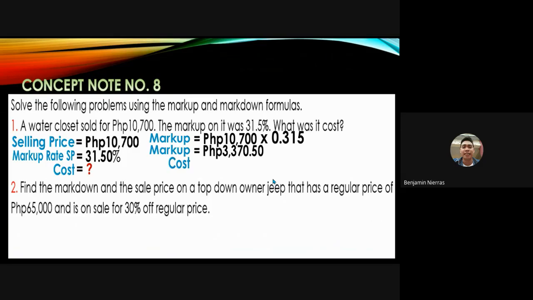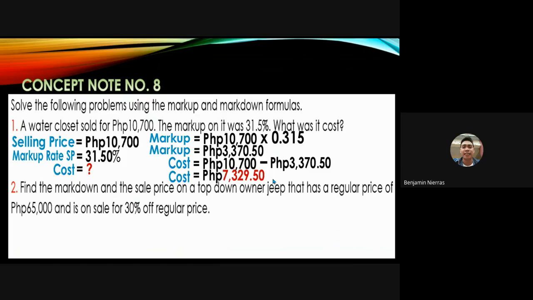So by using the markup, let us subtract the markup value from the selling price. So we have the cost 7,329 pesos and 50 centavos. So that's the answer in number 1. So the water closet costing 7,329.50.